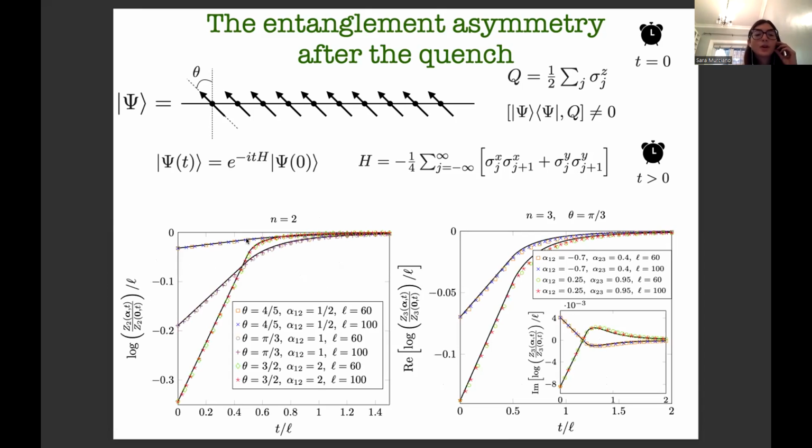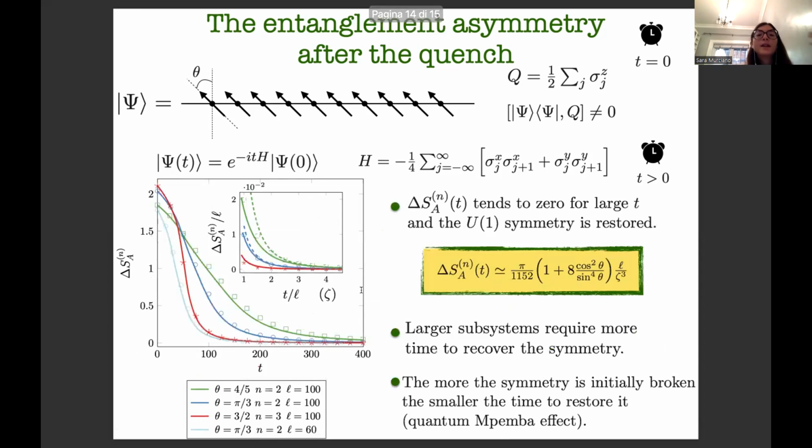Okay, and here I show the comparison between our analytical expression, which are the black solid lines, and the exact numerical computations that correspond to these symbols for different values of n, ℓ, α, and θ.